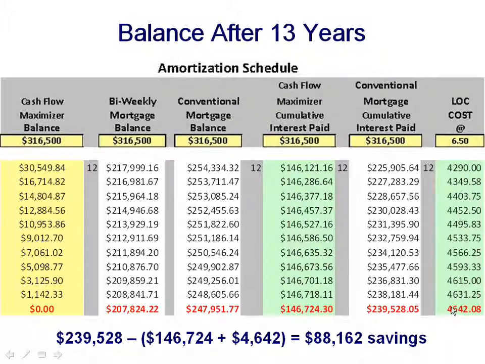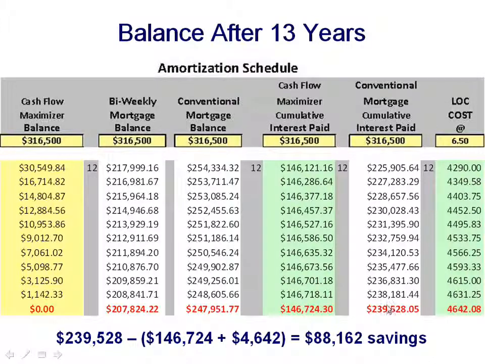So when you add the 146 and the 4,642 together, and subtract it from the $239,000 he would have spent after 13 years, he has an $88,162 savings in interest, yet he would have still owed a lot more, $247,000 in additional monies towards that mortgage, including interest.